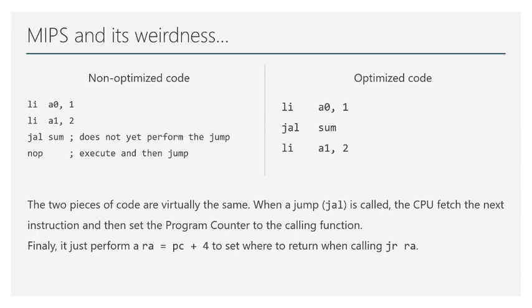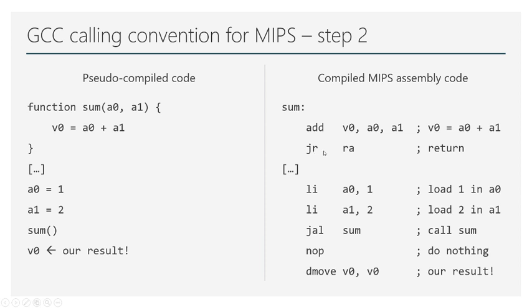Finally, it performs RA, which is the return address, equal to the current program counter plus 4, which is the amount of bytes per operation code, to set where to return when calling JR RA, because JR RA, as we saw on the slide before, returns to the calling function.